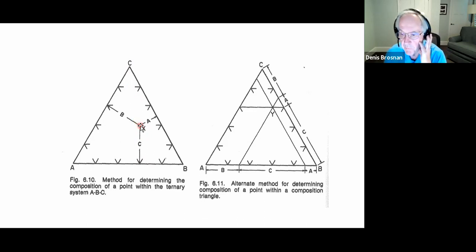It's not the way that I do it. The easiest way to do it is to say that all compositions that contain C are represented by horizontal lines across here.